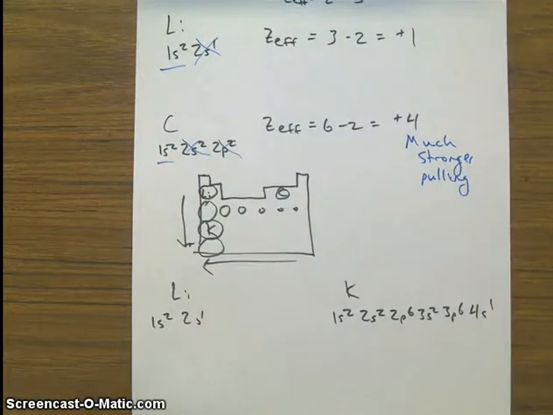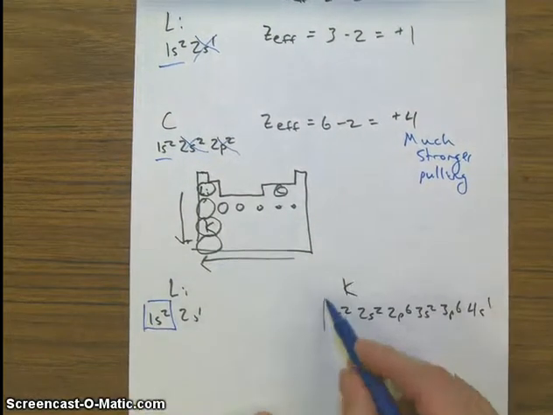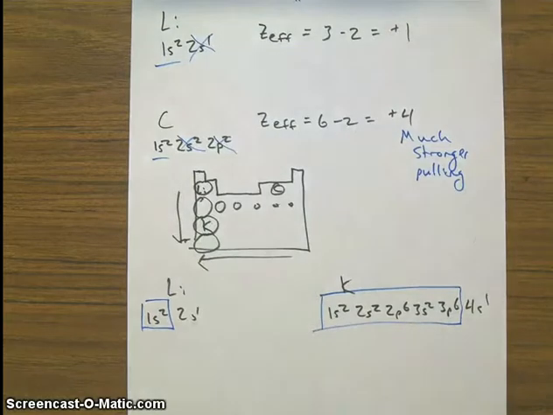So they have the same effective nuclear charge if you do the subtraction that I showed above, but the difference is that these are the core electrons for lithium. These are all the core electrons for potassium. Because of that, this has a lot more of a shield.